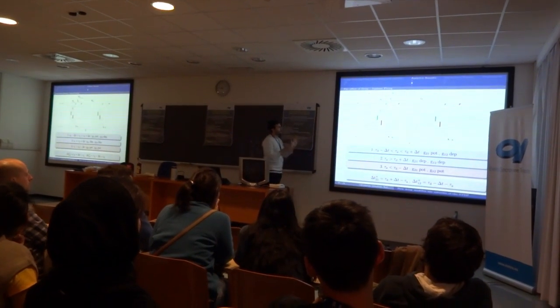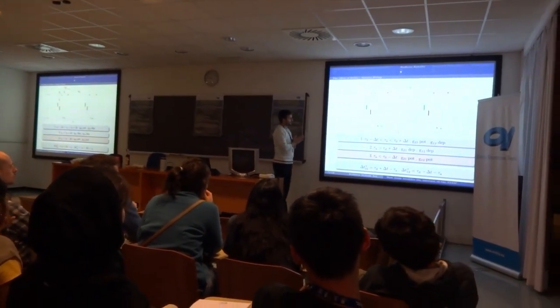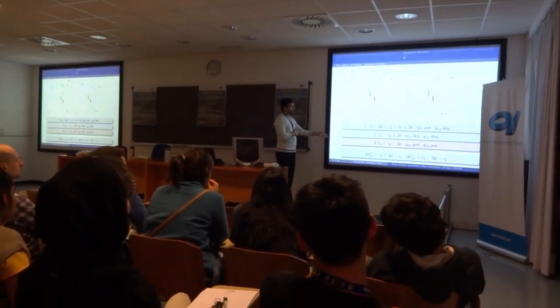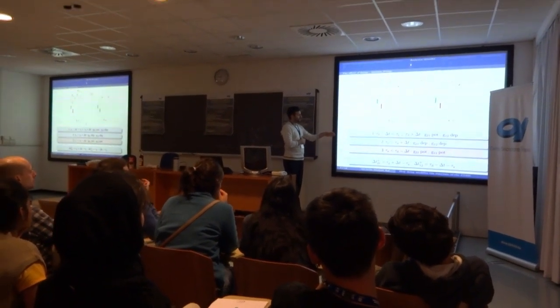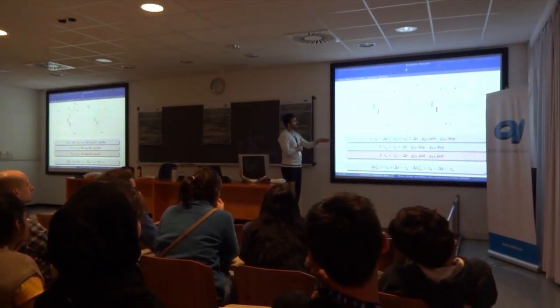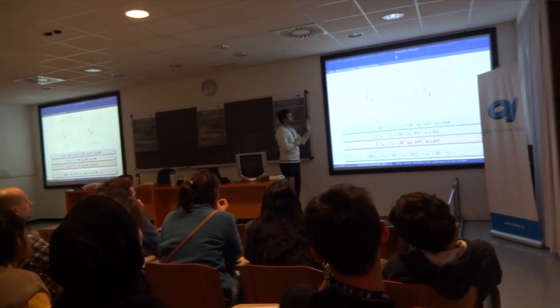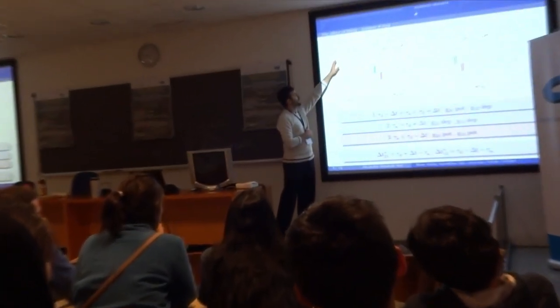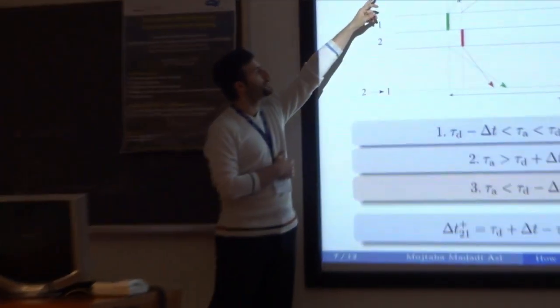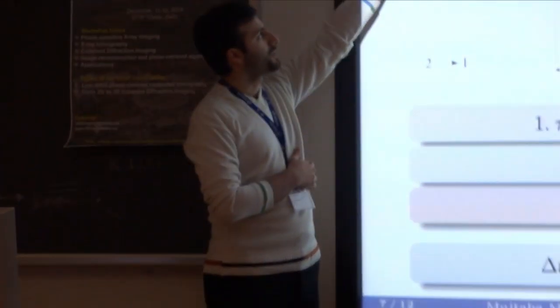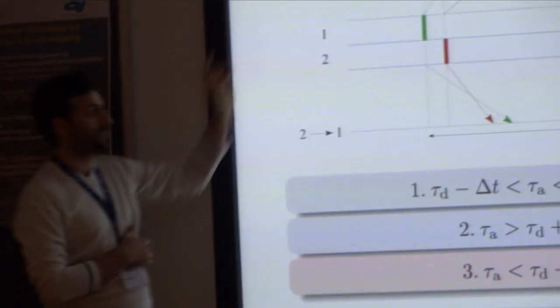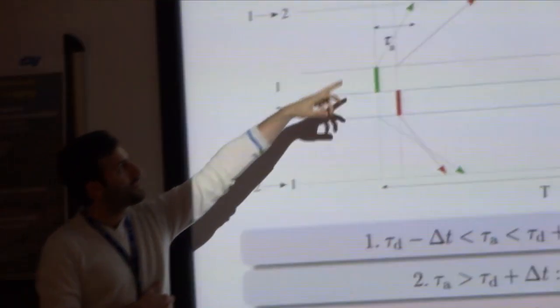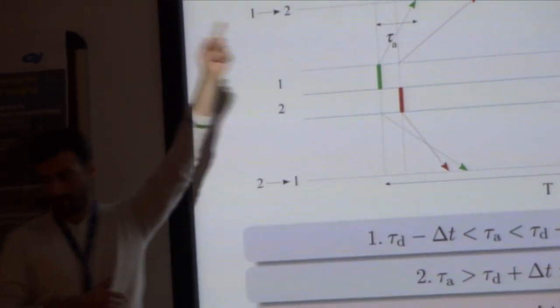For example, for this nearly in phase situation, in condition 3, when the dendritic delay is larger than the axonal delay, you can see that in the first synapse, where neuron 1 is a presynaptic neuron and neuron 2 is a postsynaptic neuron, there always is a potentiation delta t plus.